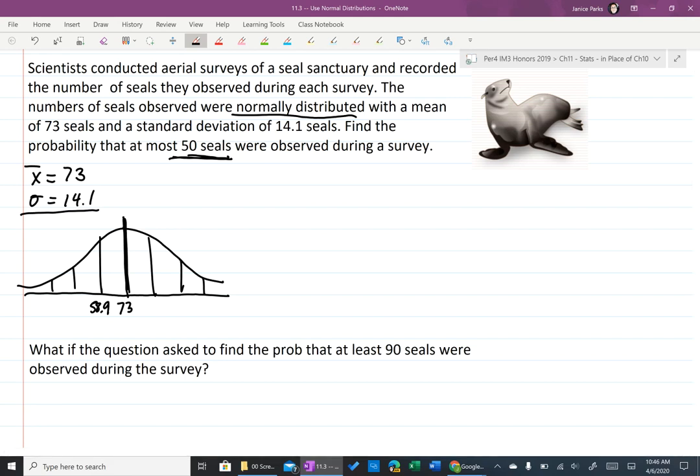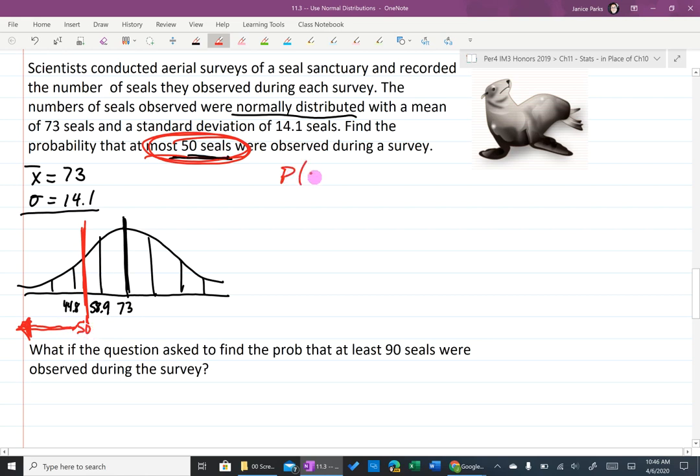So this is 58.9, and minus 14.1 again is 44.8. So I don't even really need to fill in anything else. It's not on one of the lines, so I know it's not going to be the normal part. So we need this part. At most 50 seals means that you can get to 50, but you can't go any more than that. So we need the less than part, which is exactly what we want.